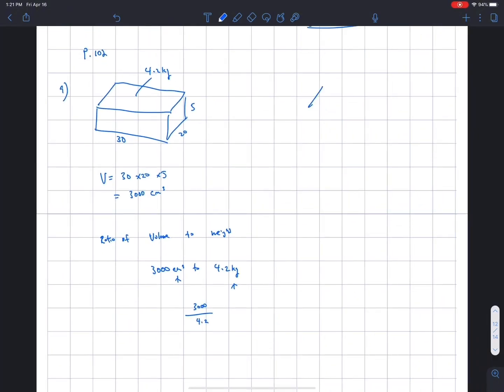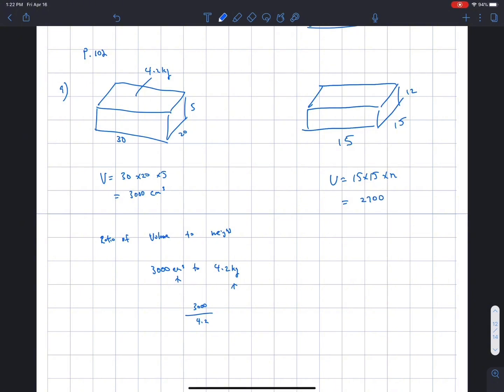Step 2, we have a second piece of wood. And this piece of wood measured 15 by 15 by 12. So the volume will be 15 times 15 times 12. And we get 2700.